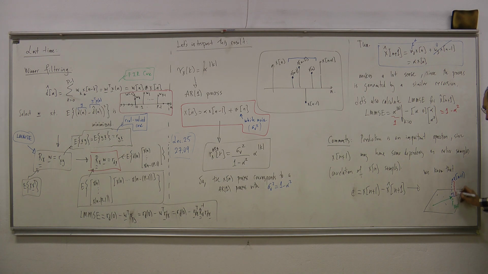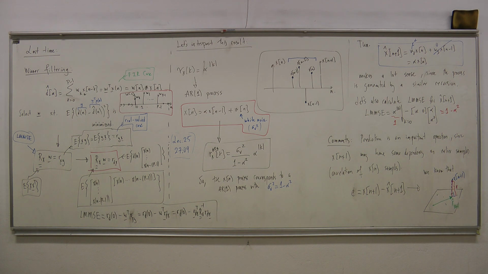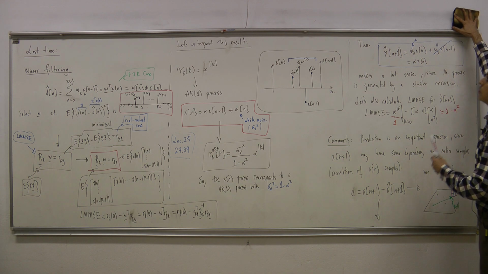This difference is our error E. I can write this as a vector if you wish: x of n plus 1 minus this estimate. Estimate plus error, I get the true value. But what is important is that error is orthogonal in the least square problems, and similarly in these linear MMSE problems we have again this orthogonality. So what do I mean by orthogonality? Of course the following.